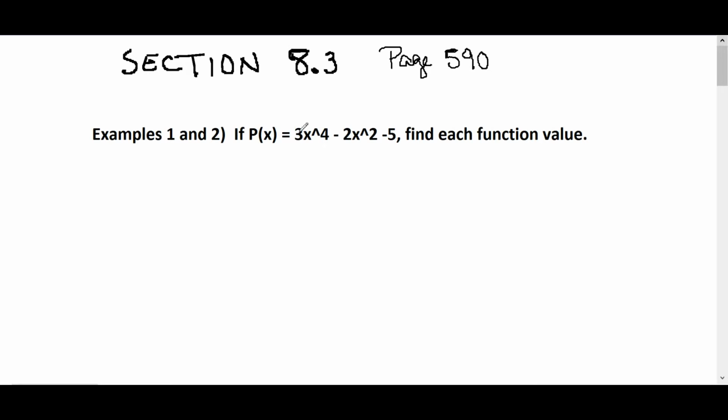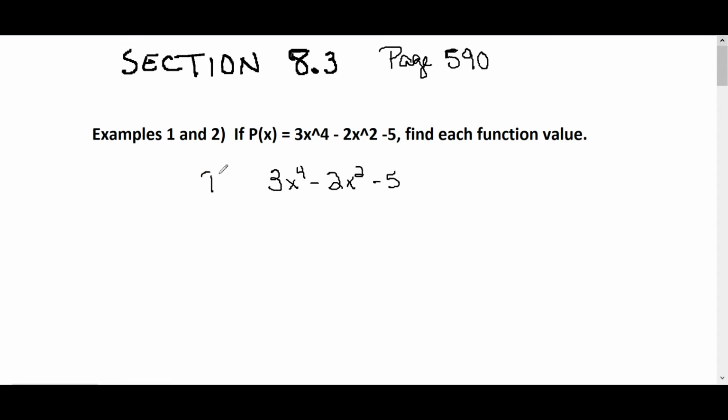So for examples 1 and 2, if p of x equals 3x raised to the 4th power, I'm going to rewrite this because on my keyboard or this program, the Paint program, I'm able to write the exponents with the caret raised to the 4th. So this is the same as 3x to the 4th minus 2x squared minus 5.